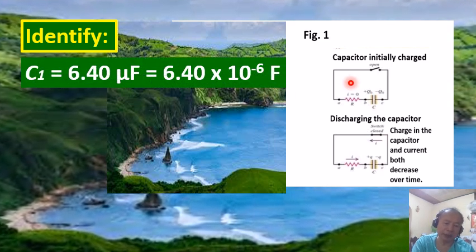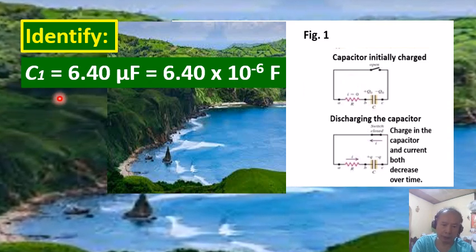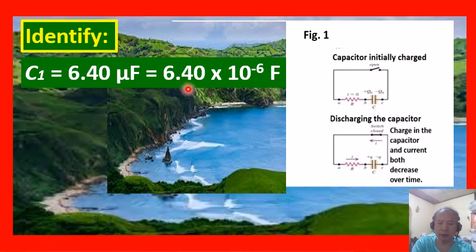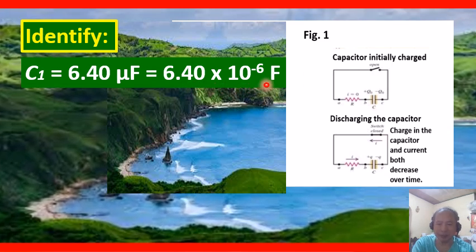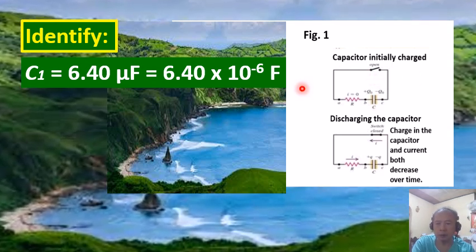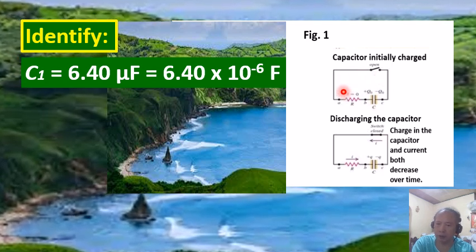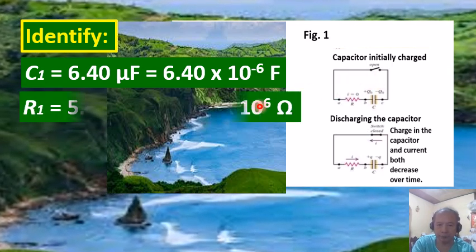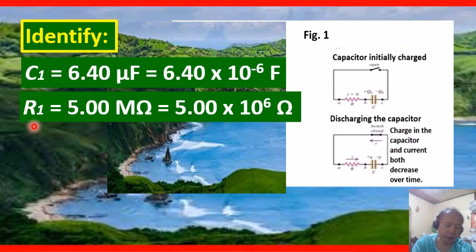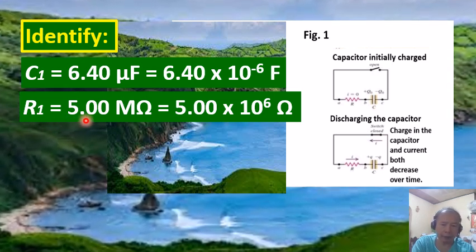The initially uncharged capacitor has a capacitance, capital C sub 1, equal to 6.40 microfarad, which is, of course, equal to 6.40 times 10 to the negative 6 farad. So in the figure, that is what is shown in circuit number 1. The capacitor is in series with a resistor R sub 1, right?